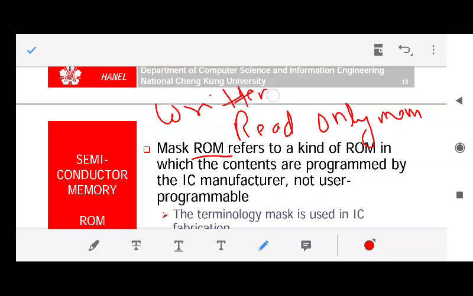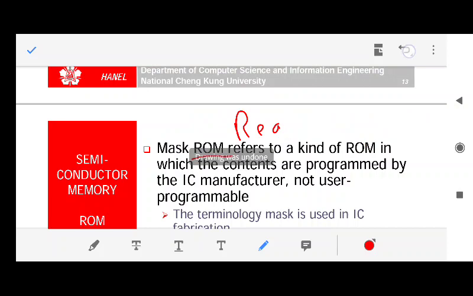But why should one read an empty memory? There should be something inside the memory, then only we can read it. Fine. So what happens in every ROM is that it is always written one time. Please remember, it is written one time. You have to write something on it one time, but after writing it, you cannot write it again or access it like RAM, where you can read and write again and again.